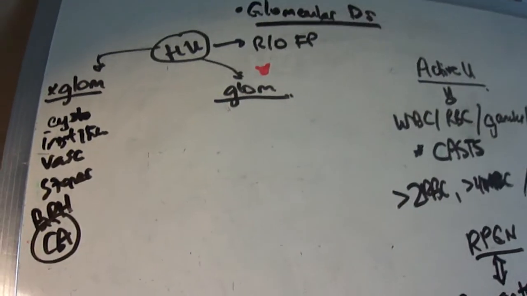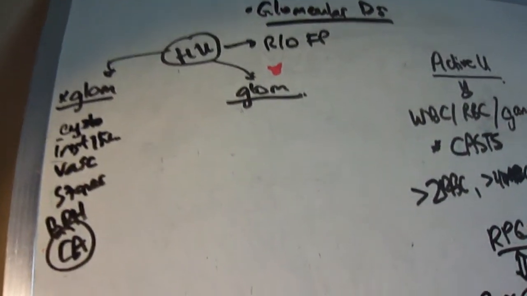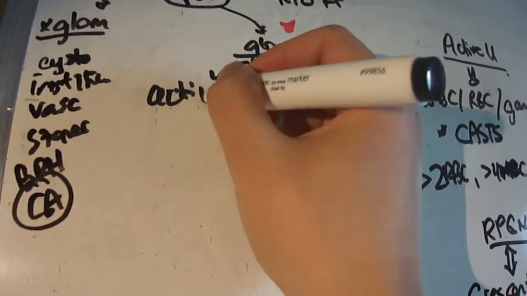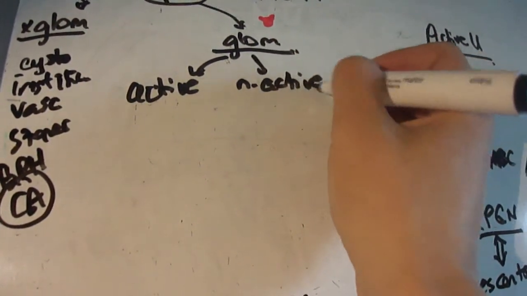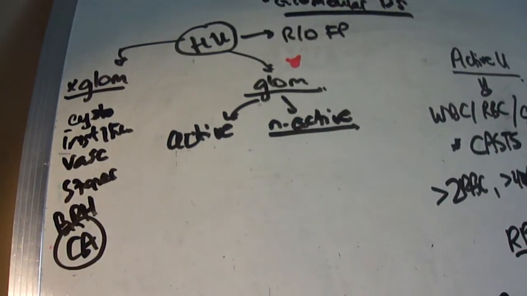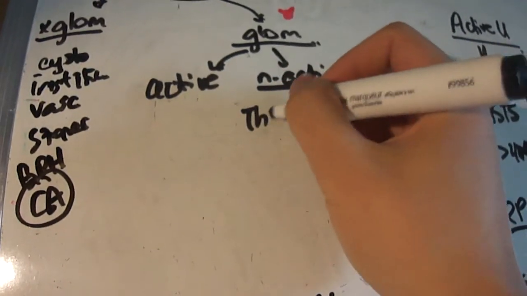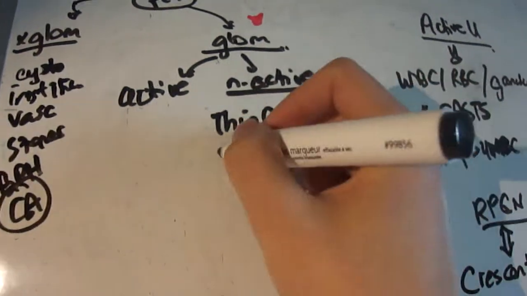So when you think about the glomerulus, again, you're going to think about, is this active or is it not active? For non-active, there's really only 3 things that you should know about. One is you could have a thin glomerular basement membrane disease.